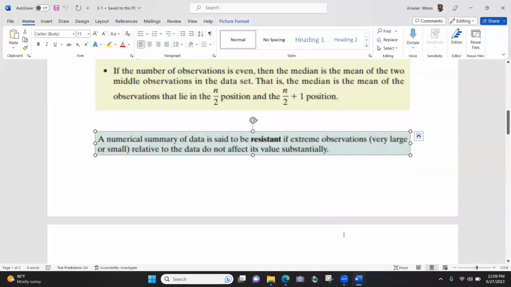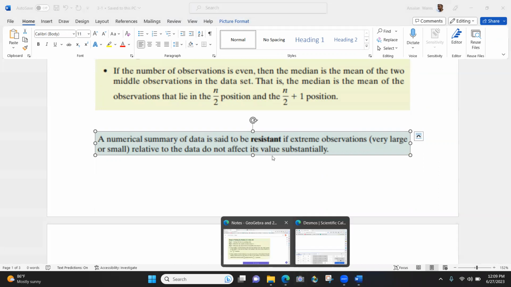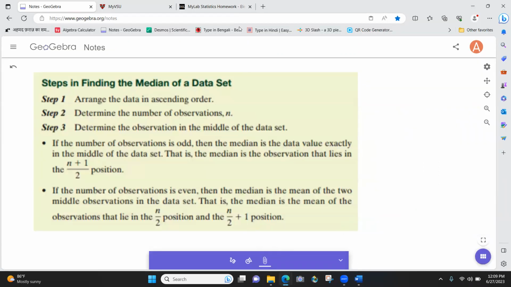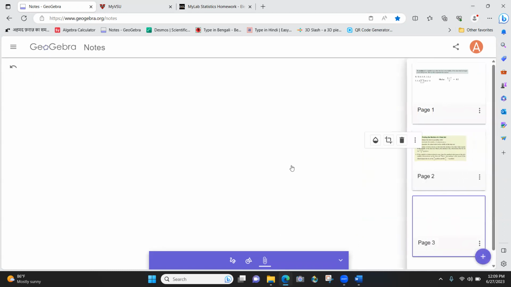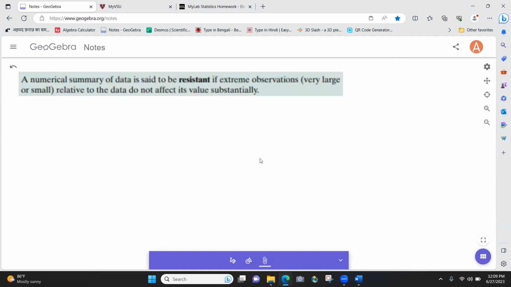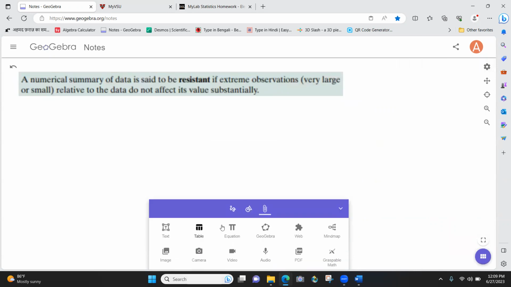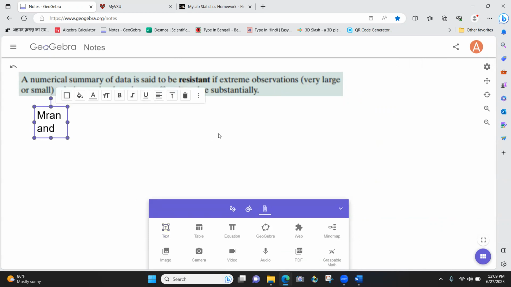All right. A fancy word for you guys. So far, we have learned about arithmetic mean, which we will just call mean, and median, okay?